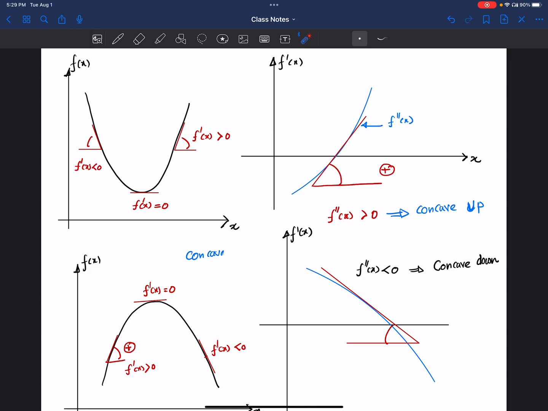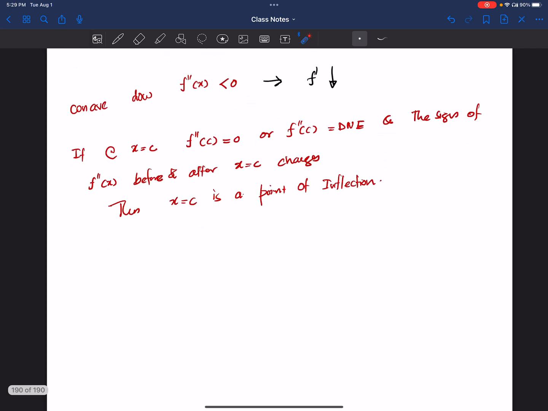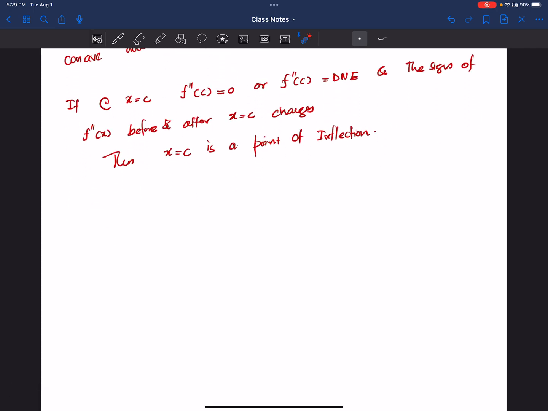It may be a local minimum, local maximum, or neither. But if f double prime of x is 0 and the sign of f double prime of x changes, that could be an inflection point, right?